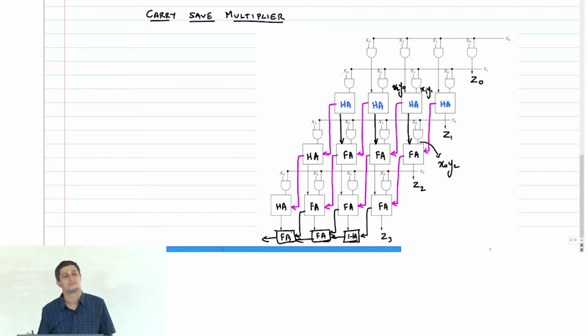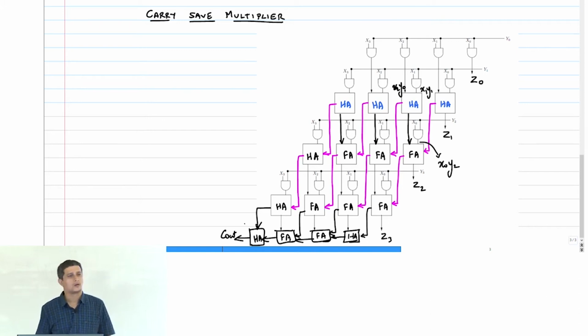right? What about the carry out from this stage? I have not yet accounted for that, right? So therefore I need to put one more half adder here, and I will get a carry out here.